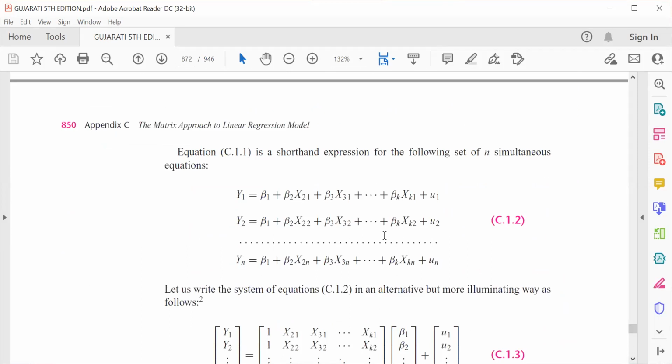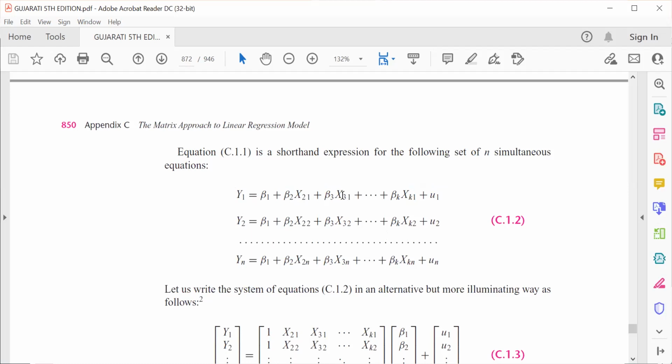We can divide the equation by sample. This one is the first sample: Y1 is equal to beta 1 plus beta 2 x2 1. The first number refers to the variable number, and the second number refers to the sample, the first sample.